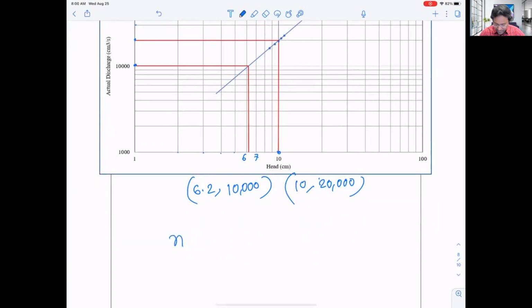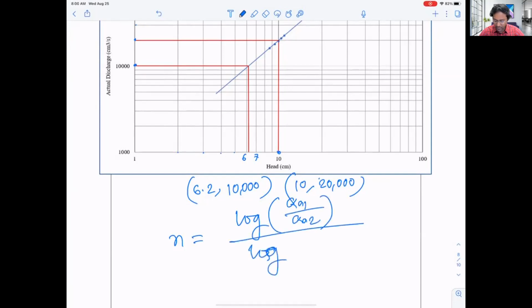that equation of the slope, n is the slope, then we can know that n equals log of qa1 divided by qa2, and whole divided by log of h1 divided by h2.